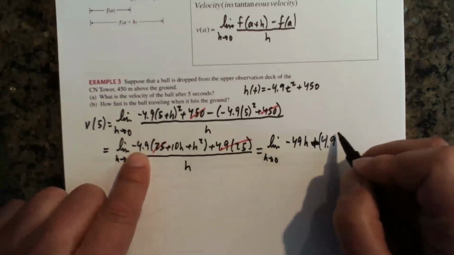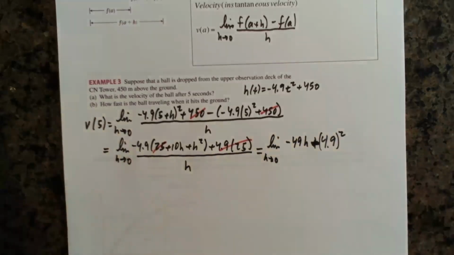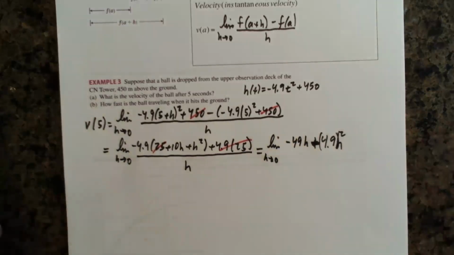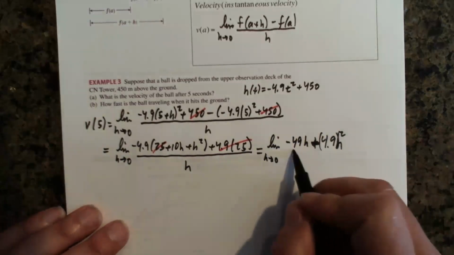So I guess plus 4.9 h squared, sorry. And that is all over h.